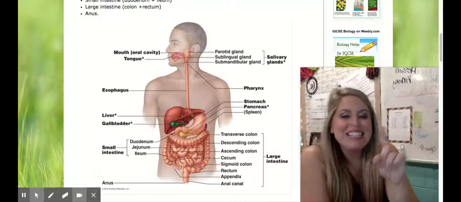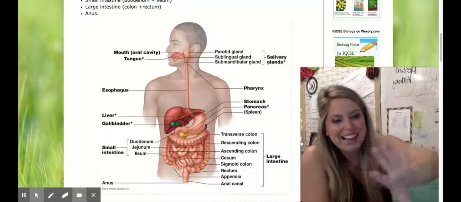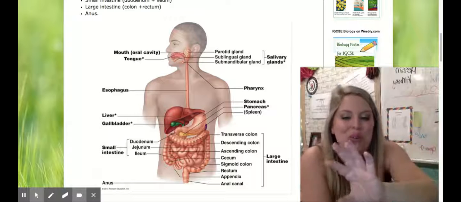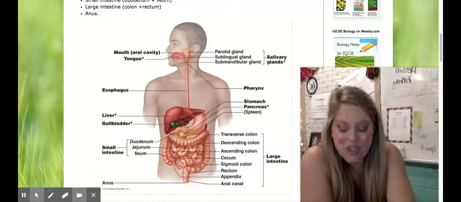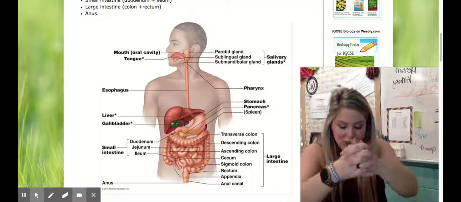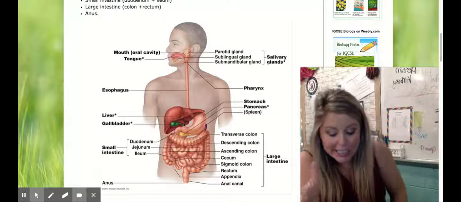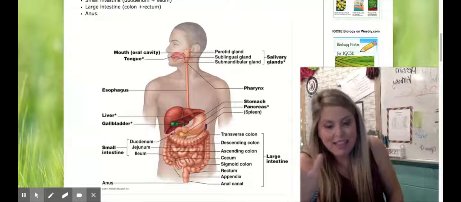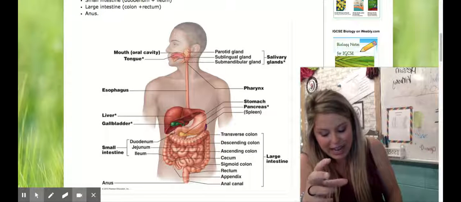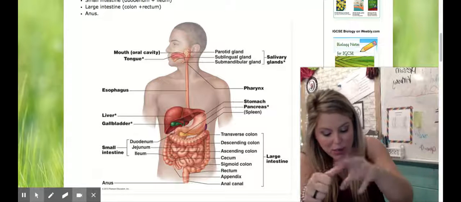From the small intestine, continuing peristalsis, that broken down digested food will then start to move into the large intestine. Now, it's important to note that the small intestine is where we have the most absorption occurring. And then in the large intestine, you're going to have water being absorbed.